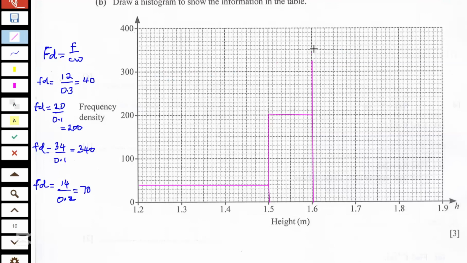This is exactly 340. Okay, so we can now trace it across to 1.7, and then trace it down.